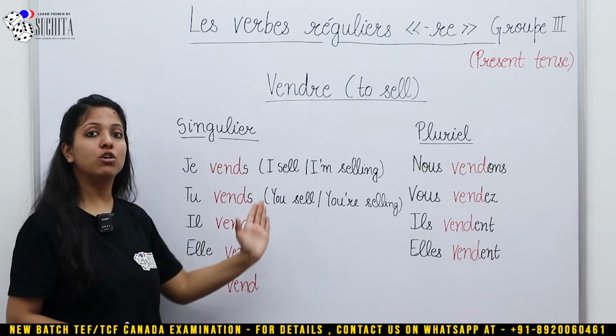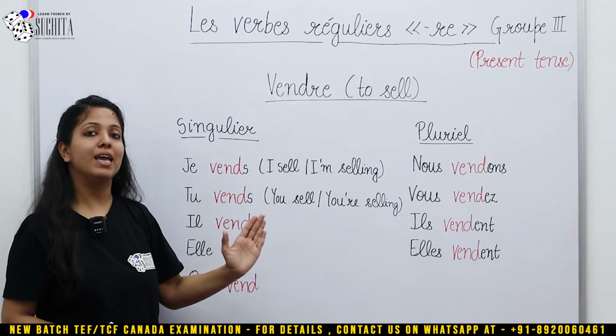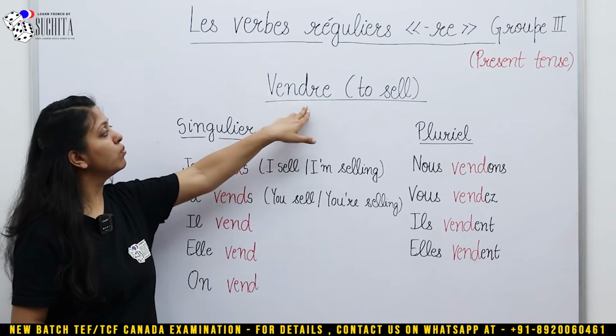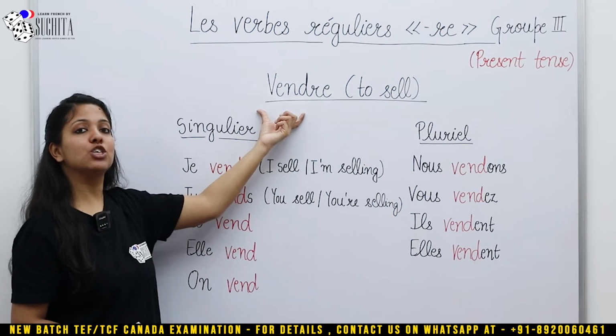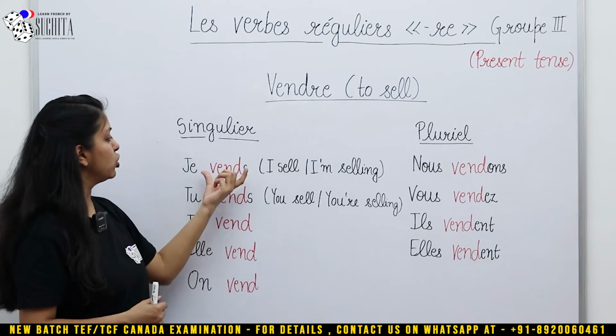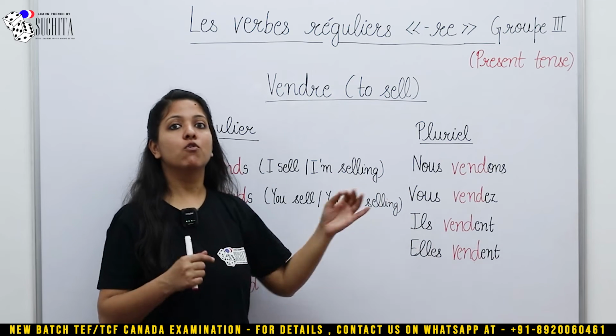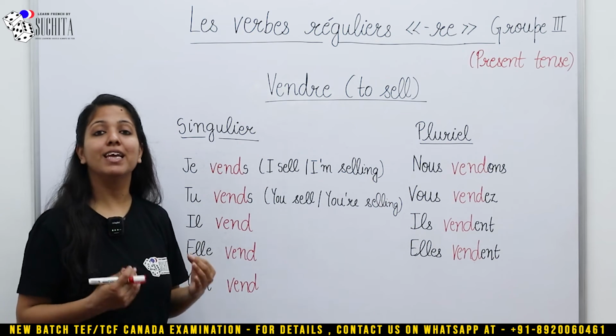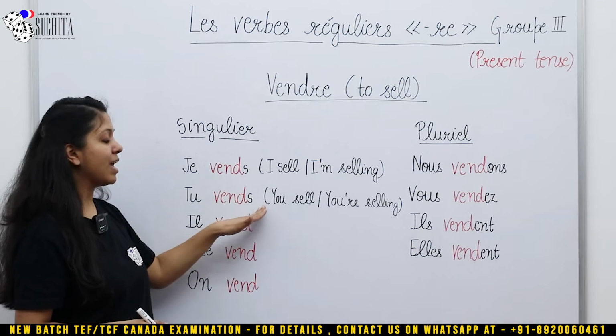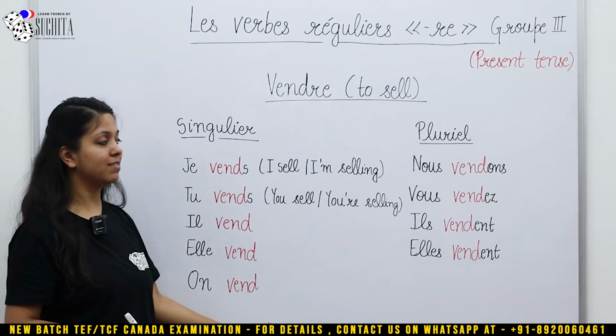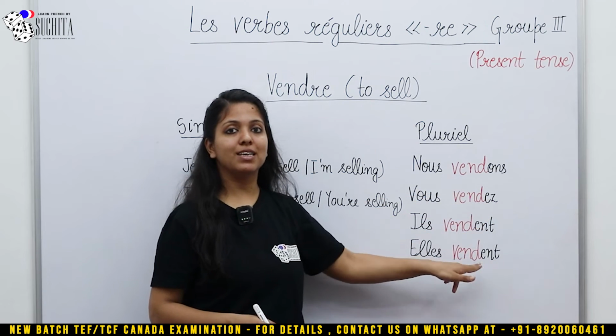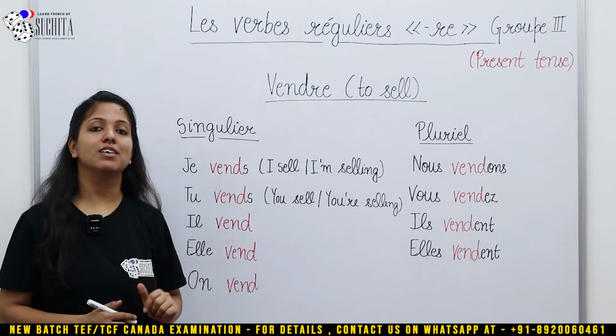Je, tu, il, elle, on, nous, vous, ils and elles. The radical VEND is written in all the cases, followed by the endings, les terminaisons. S, S, and here you don't have to write anything. ONS, EZ, ENT, ENT.